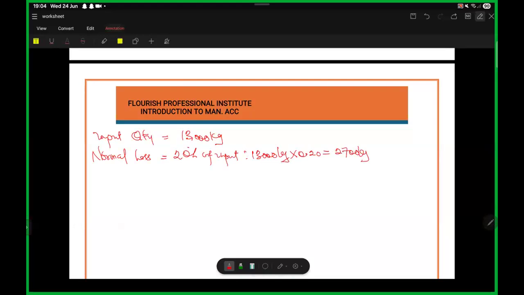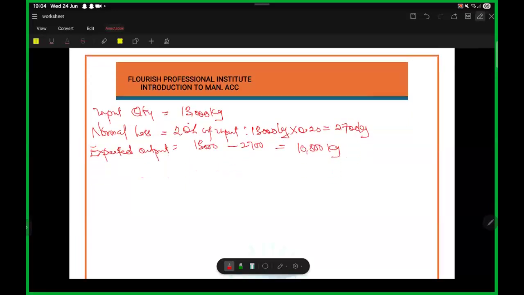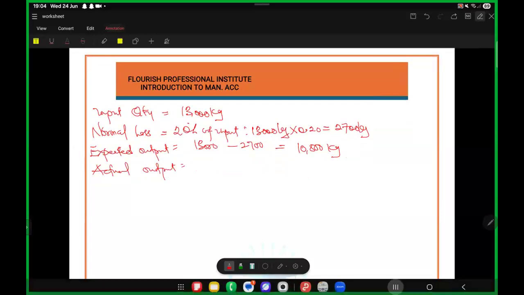Once you get your normal loss, what will become our expected output? Expected output is going to become the input here minus the normal loss, which will give us 10,800 kg. Then what is the actual output?